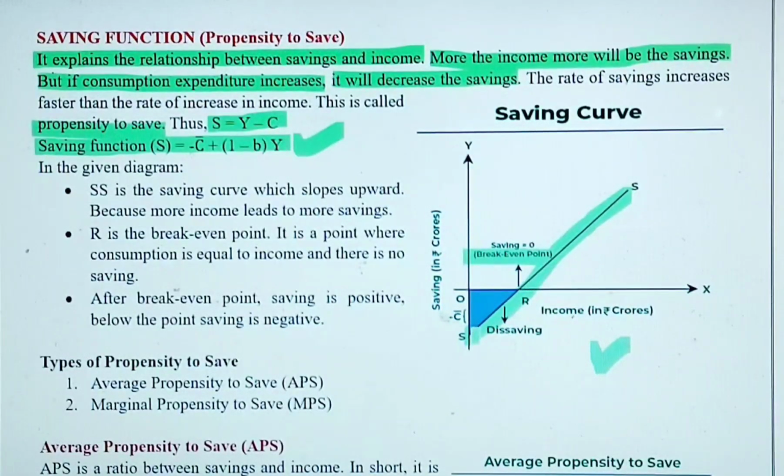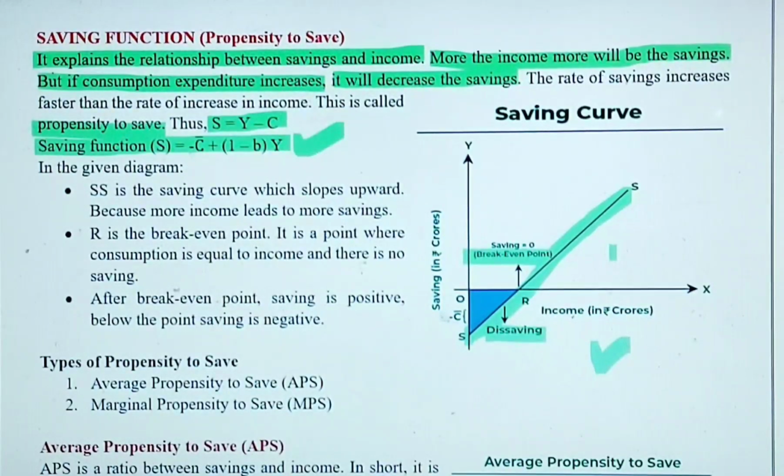And below this, if you come down to the x-axis, you get dissaving. That means your savings are negative. You have consumed more than your income. And if you go beyond this break-even point, that means your savings are positive.